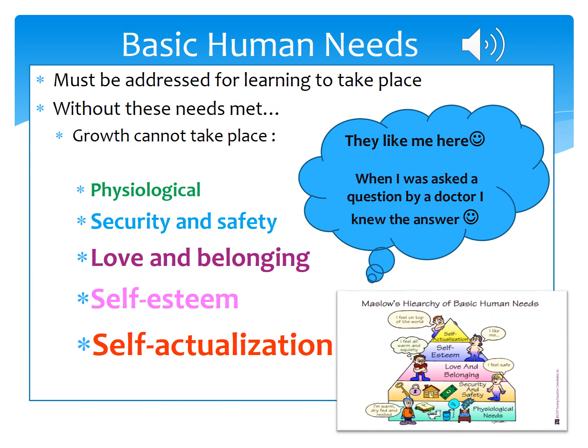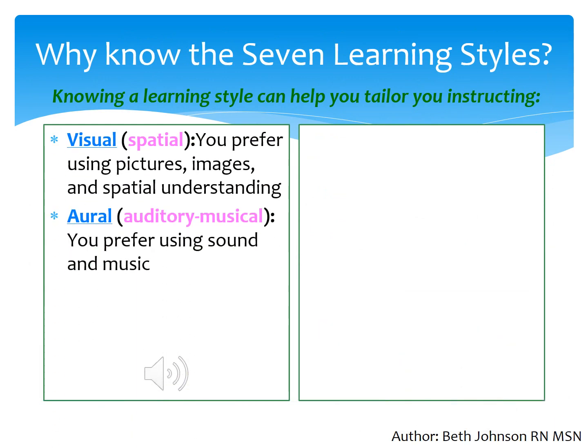You can tell if they're feeling actualized by the fact that they like being there, that they enjoy coming. When they're asked a question by a doctor, they can make the statement, knowing the answers, that's when they feel actualized.